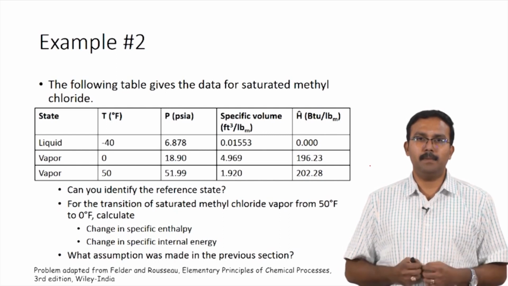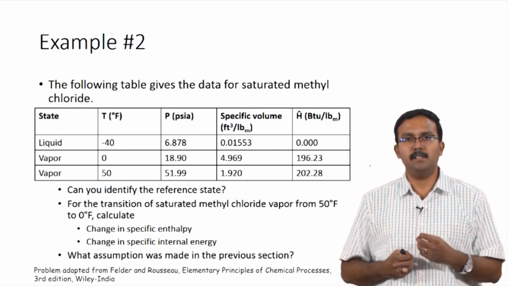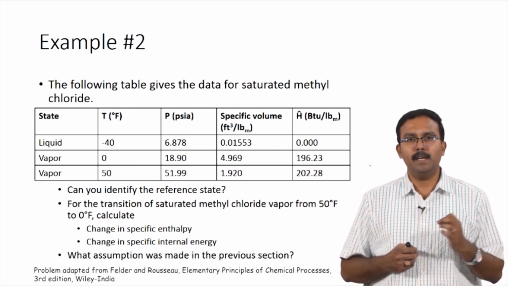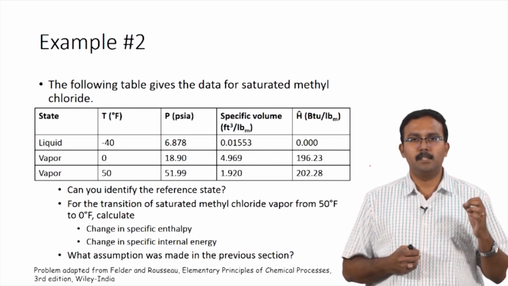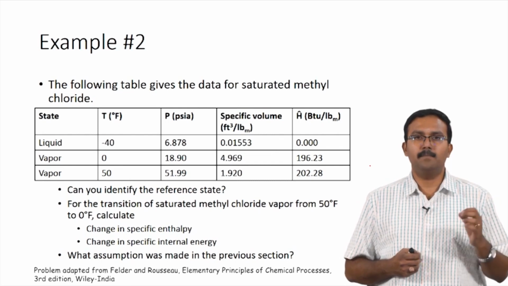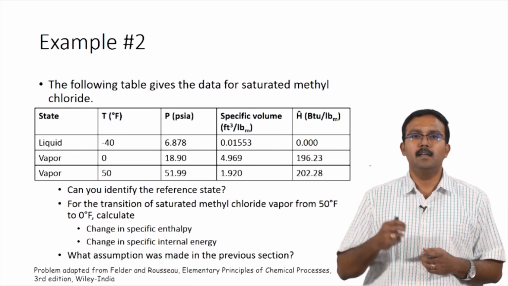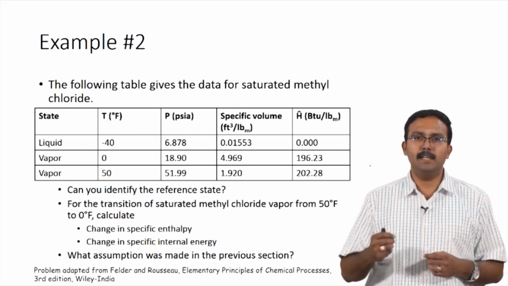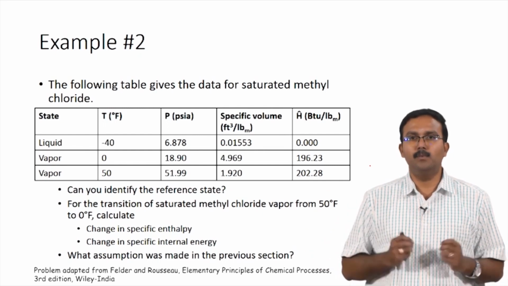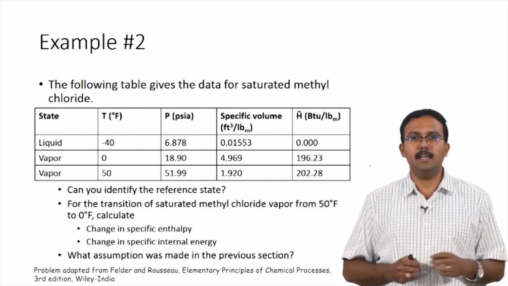This implies that this particular condition would be the reference state used for this table. So, we have the specific enthalpy of methyl chloride present as liquid at a temperature of minus 40 degrees Fahrenheit and a pressure of 6.878 psi relative to a reference point as 0, which means these two would have to be equal, implying this is the reference state.